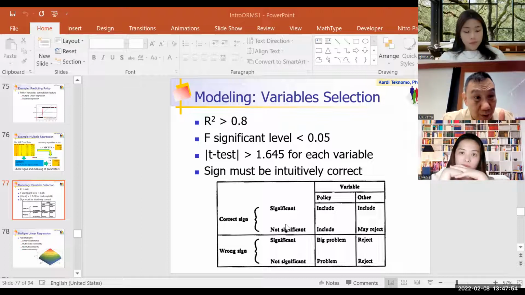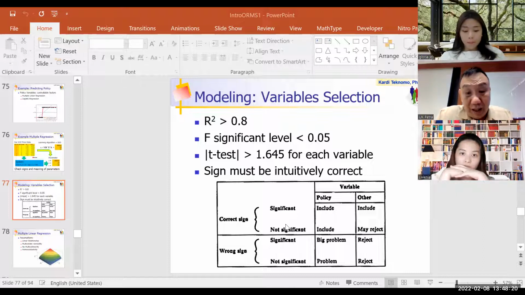Now, the table below is very important. You check first, what variable is this? If this is a policy variable, and the sign is correct, and the significance of the t-test is correct, then of course you must include this variable, right?